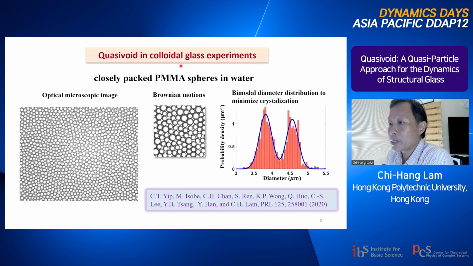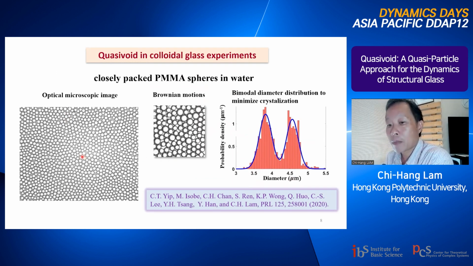Now, I want to present our colloidal glass experiments, which is widely believed to be closely related to generic glass. So we take micron size PMMA spheres with bimodal diameter distribution so that they will not easily crystallize.